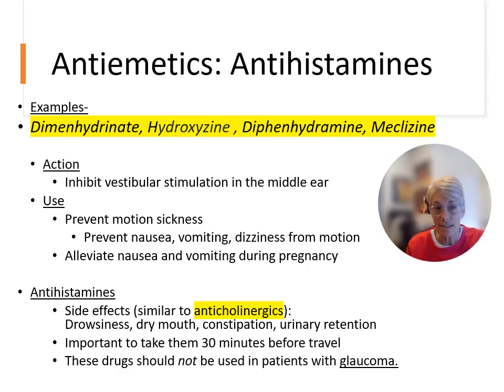So our antihistamines, diphenhydramine, hydroxyzine, meclizine. These are over-the-counter medications like Bonine, and I'm trying to think of some of the other ones you can buy over-the-counter for motion sickness. But these are going to affect not only, again, the histamine receptors, but the acetylcholine receptors.